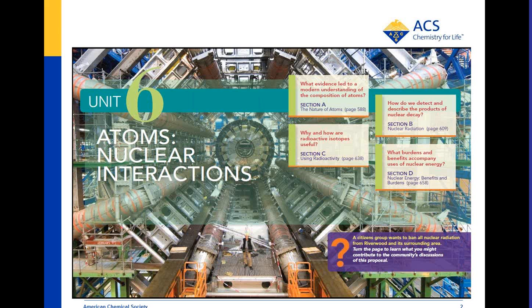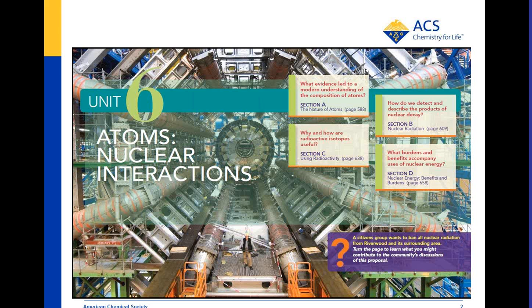So the unit is going to start in Section A, talking about the composition of the atom. Then you're going to look at nuclear radiation in B, how radioactivity is used, including medical procedures using nuclear radiation, and then finally looking at nuclear energy and looking at nuclear waste and how a nuclear power plant works.